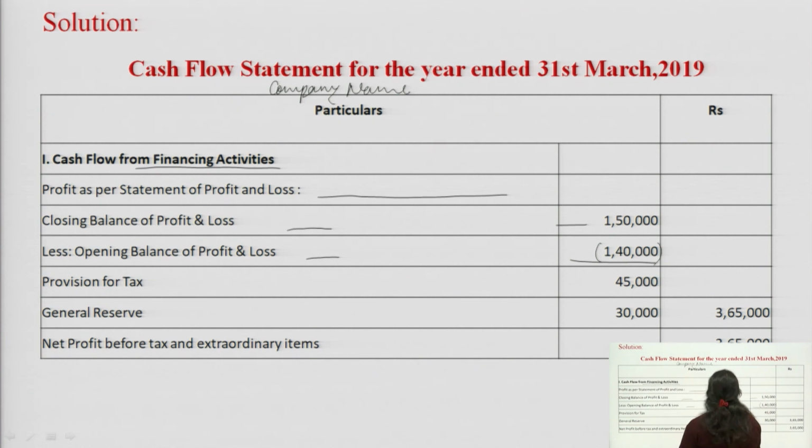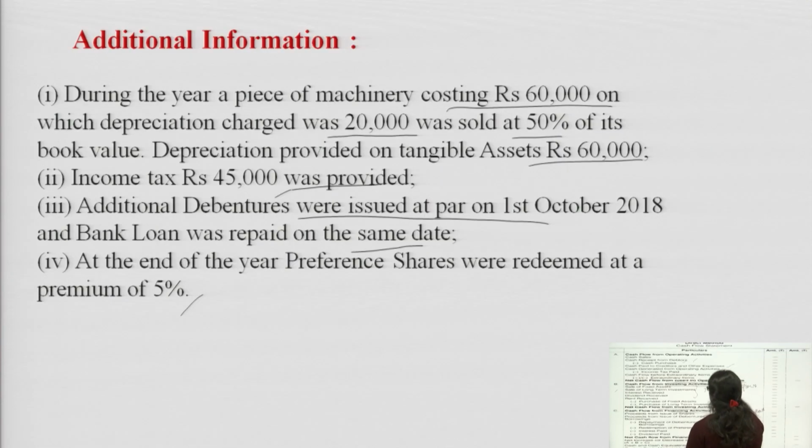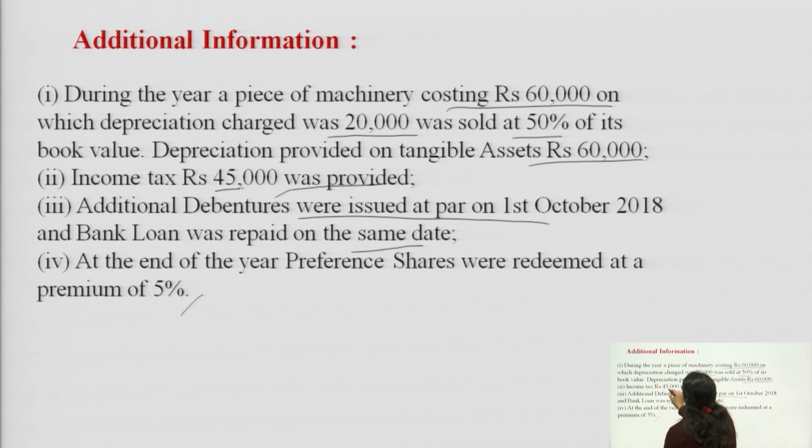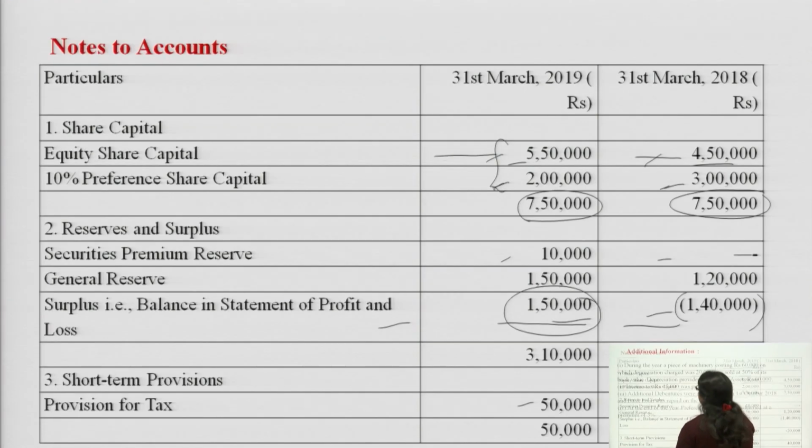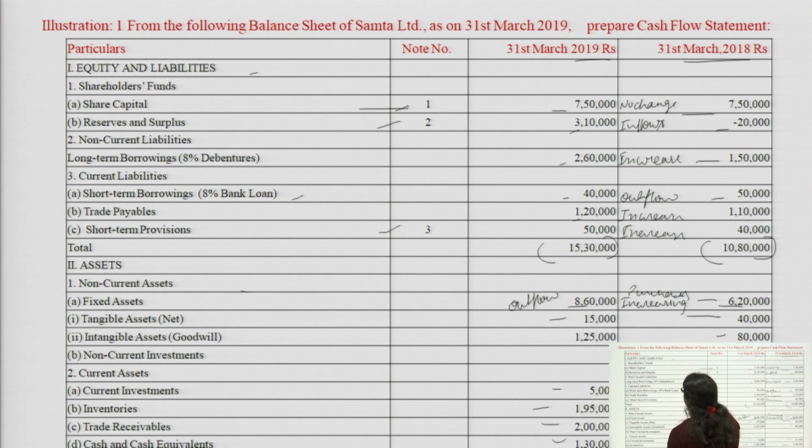Provision for taxation was made of 45,000, where it has been written that income tax provision was made of 45,000. General reserves were 30,000. We will check in the balance sheet which is given to us. The general reserves and surplus are here, and the note is there.